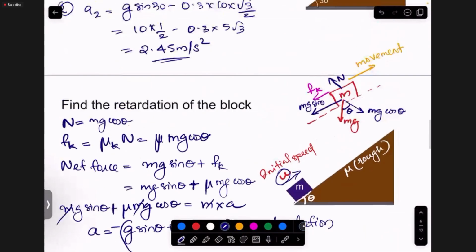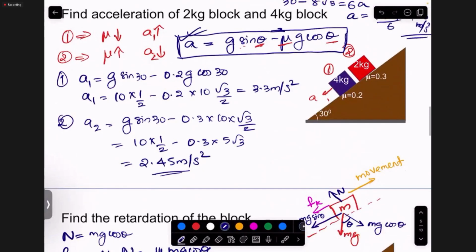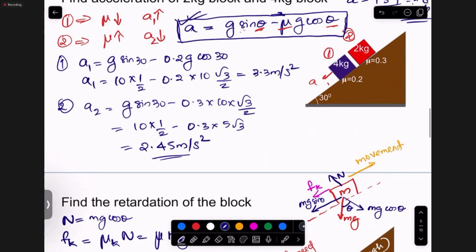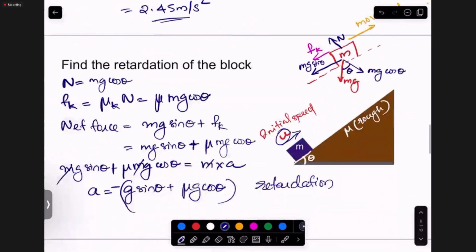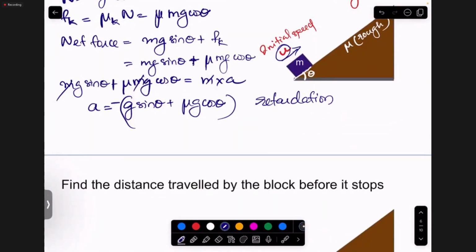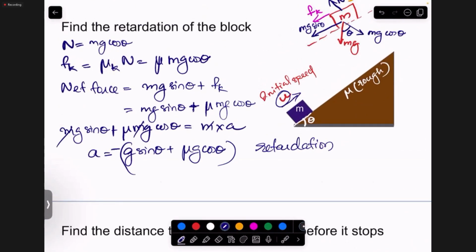Is this similar to what we have calculated earlier? No. Why? Because here the frictional force is acting upwards because the impending motion was downwards. That's why you were getting this negative sign. Here the motion is upwards, so this frictional force is actually aiding the gravitational force. I mean, it's in the same direction.